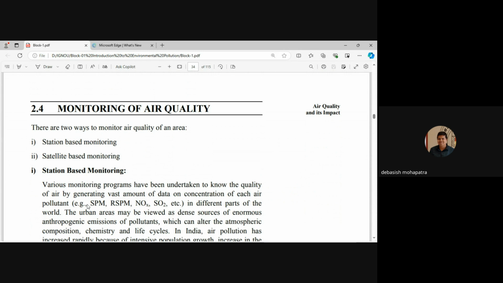How we monitor air quality. I will talk to them. Actually, two of my classes I have already missed due to some official work. I'll tell them to reschedule another two classes, most probably Thursday, Friday and Saturday. Sir, not 3 and 4? See, tomorrow is a holiday. And the day after tomorrow I have a little work.